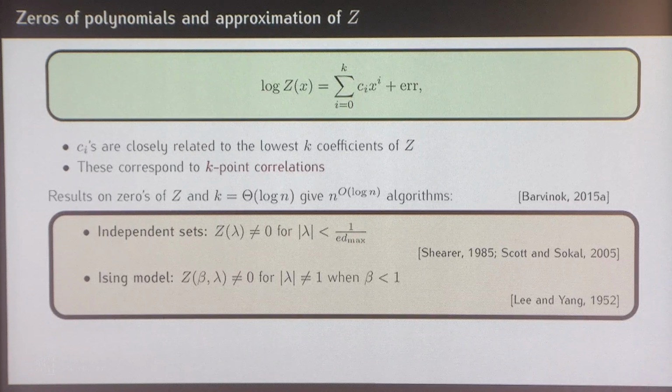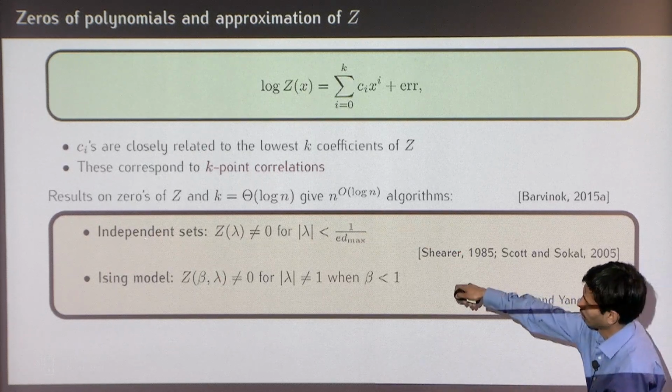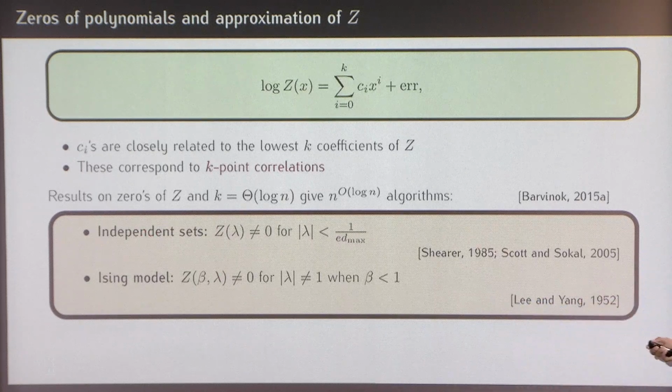Here are some results on zeros from which one can get algorithms. For independent sets, we already saw Shearer and Scott and Sokal, who showed that for graphs of degree d, there are no zeros in a radius of about 1 over e times d. And for the Ising model, we'll see this in more detail later.